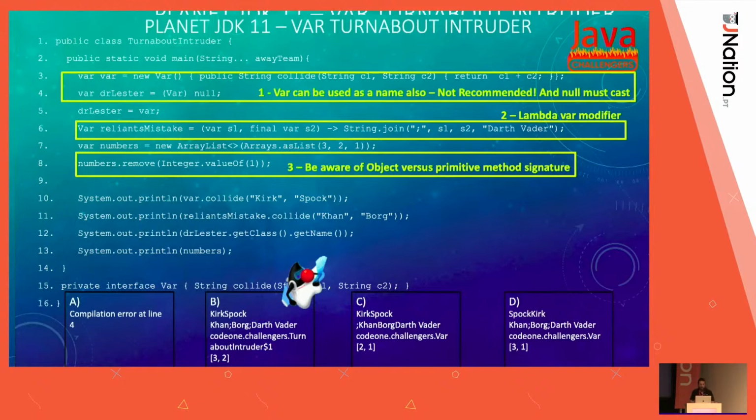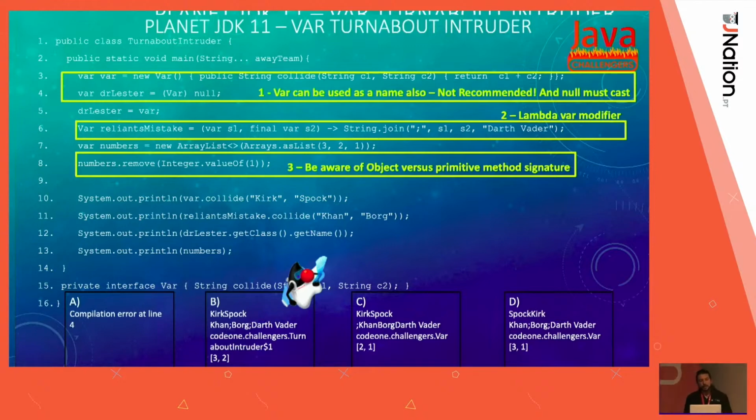OK, so we are also removing an element, and notice that we are using this remove method in the overloaded way. So we're going to print here Kirk, Spock, and then Darth Vader.